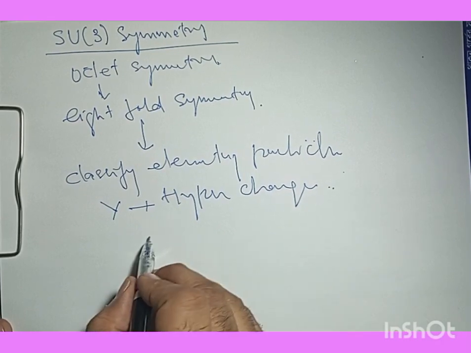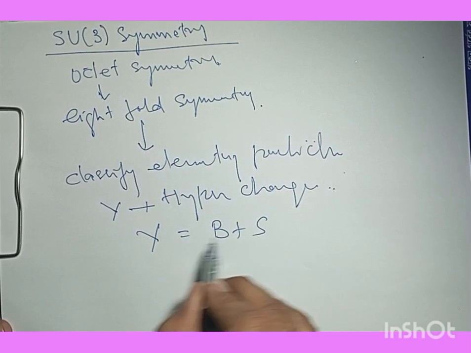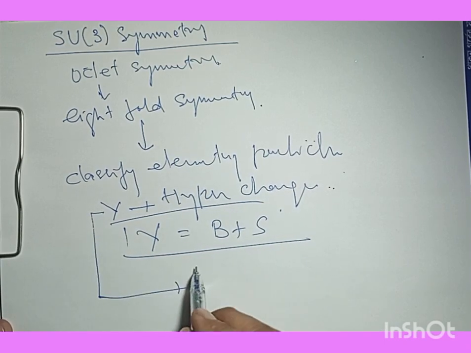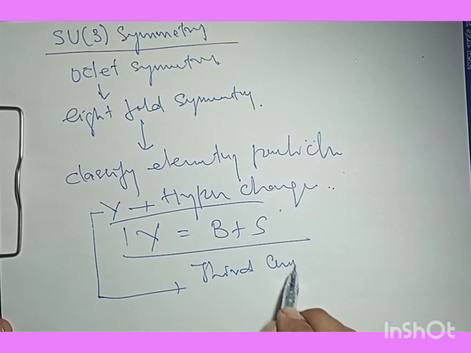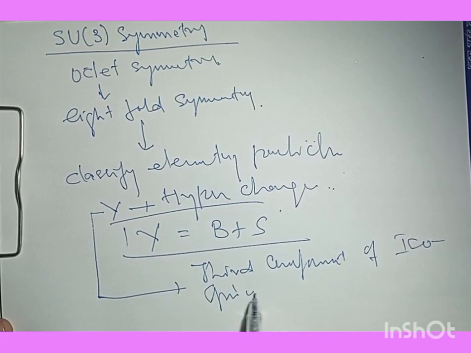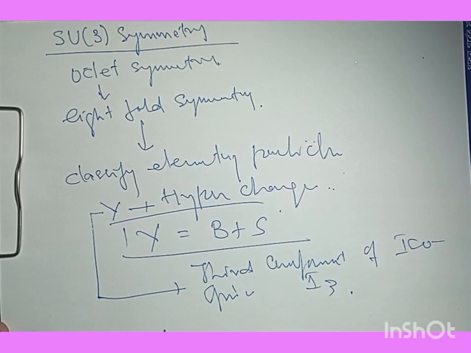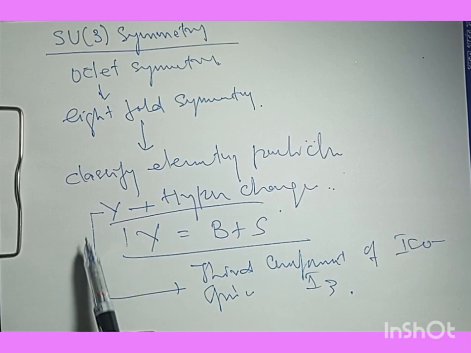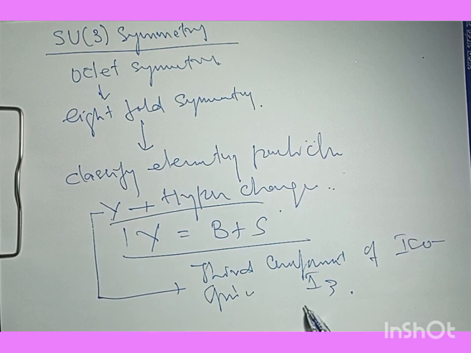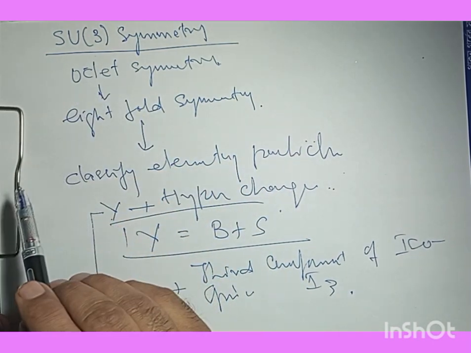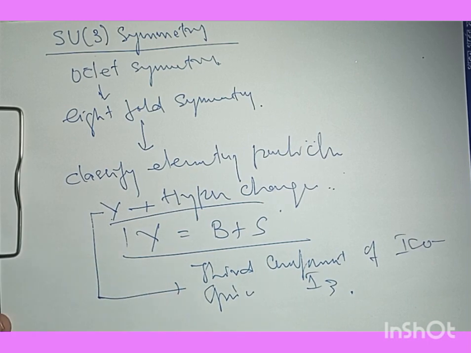This Y is B plus S. Along with the hypercharge, we use the third component of isospin, what we understand as I3. This combination, classifying elementary particles based on Y and I3, is called SU3 symmetry, or octet symmetry, or the eightfold way.